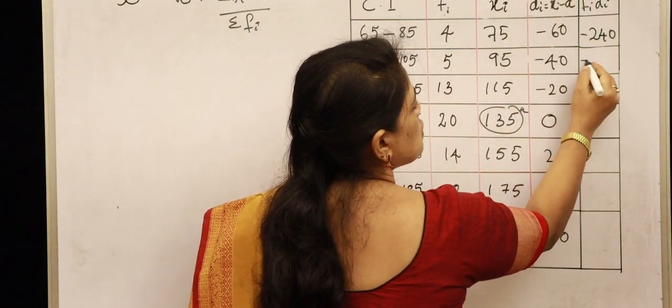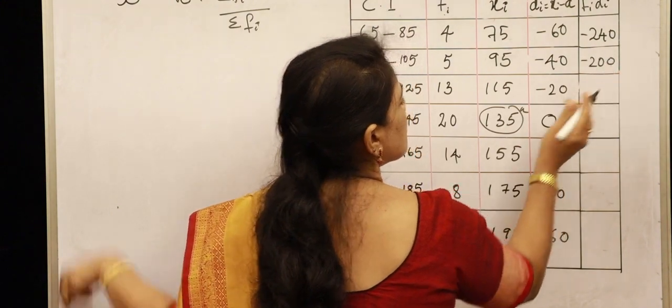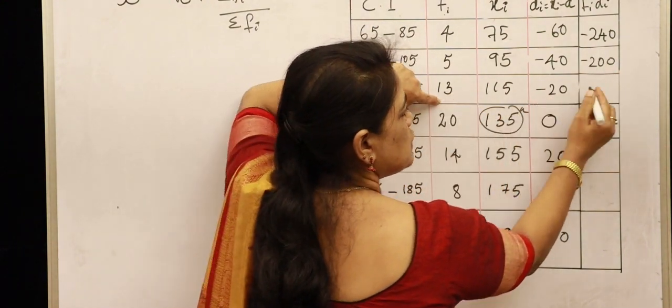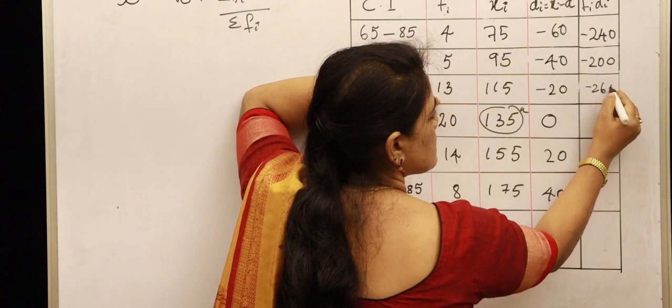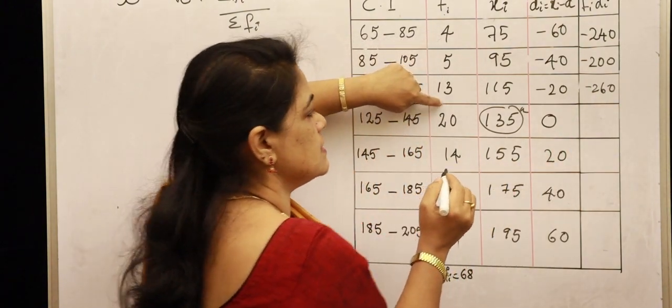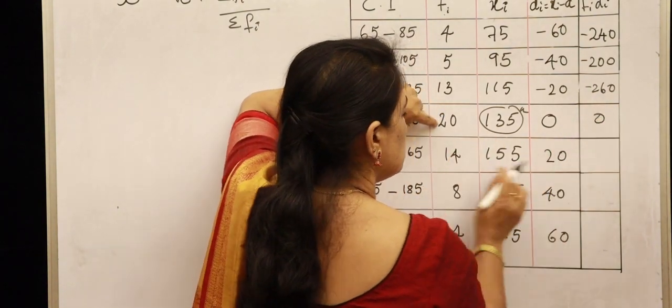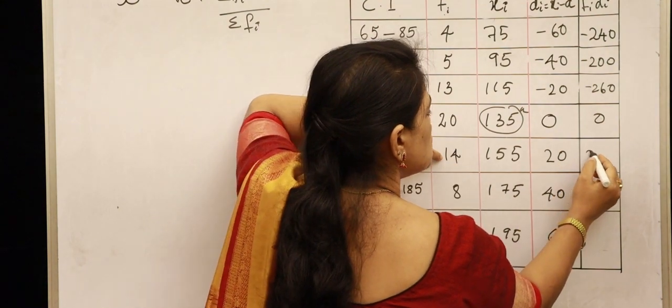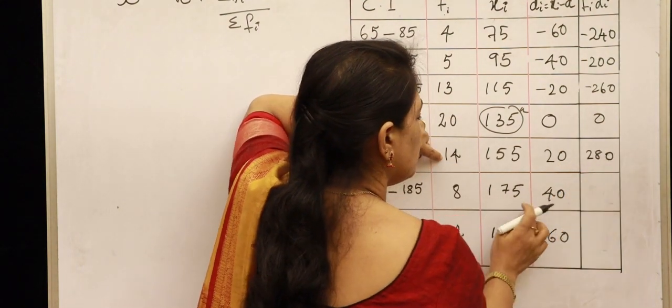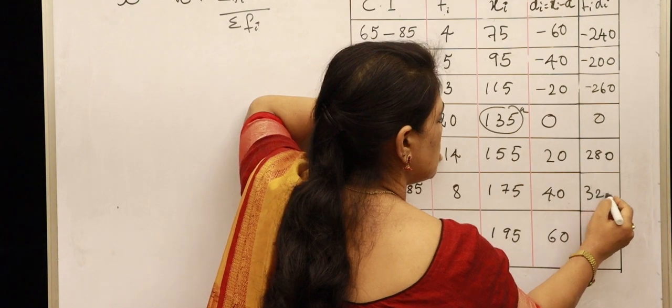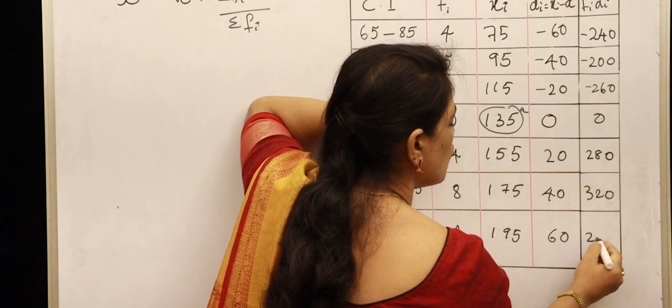Here negative 200, 13 into negative 2, negative 26 and 0, negative 260. Here it definitely 0. Here it comes 2, 8, 28, 0. Here 3, 2, 0 and here 2, 4, 0.